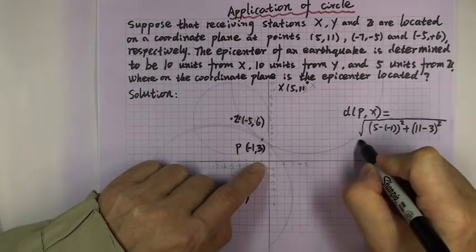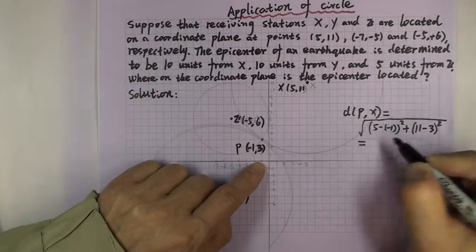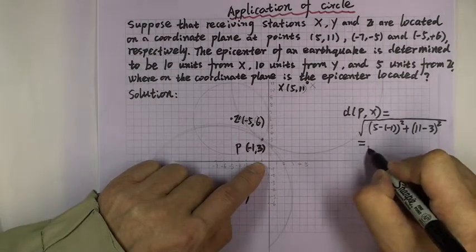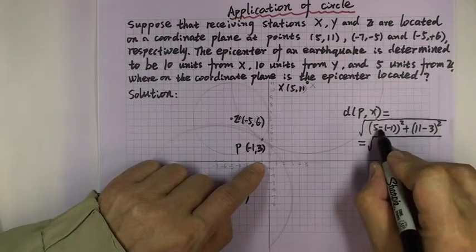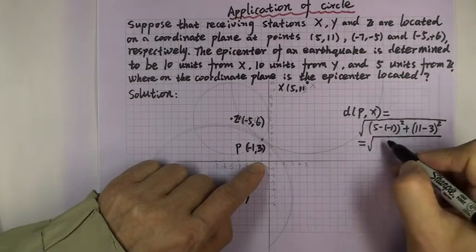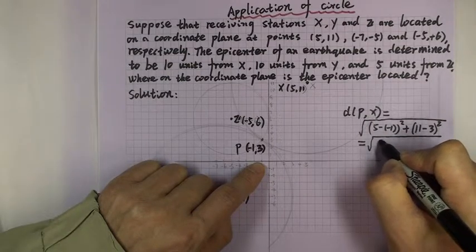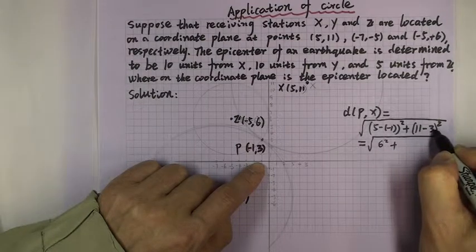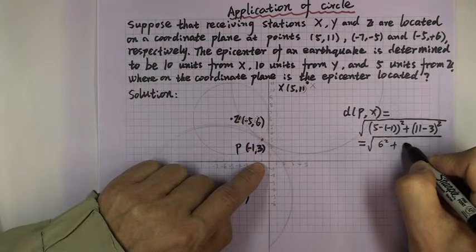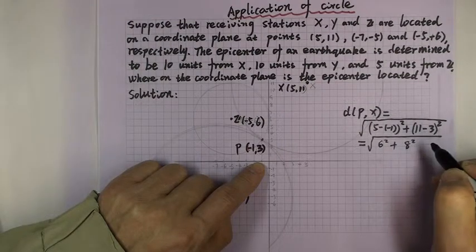Okay, now see what we get. We have 5 minus -1, that's +6, squared, plus 11 minus 3, that's 8 squared.